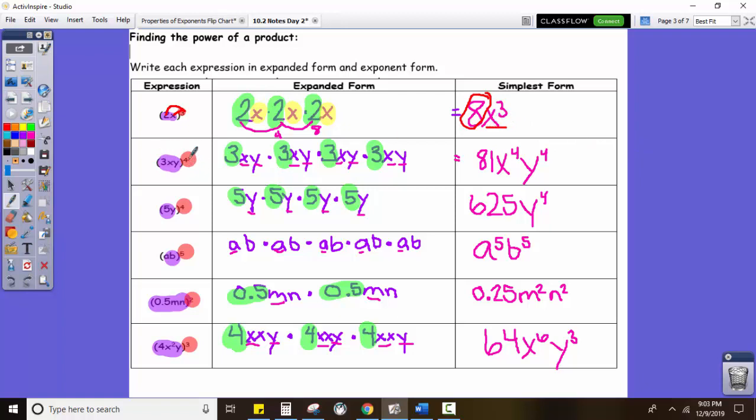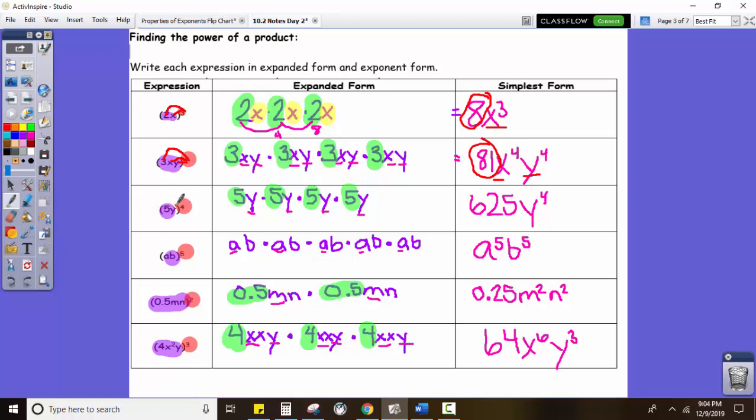Okay, if I look at my next example, I'm going to distribute the 4 to the 3, to the x, and to the y. So 3 to the 4th is actually 81, so that's where 81 came from. And then I would have x to the 4th, which I do over here, and y to the 4th, which I have in my expression. So I'm just distributing that power to each of the factors.